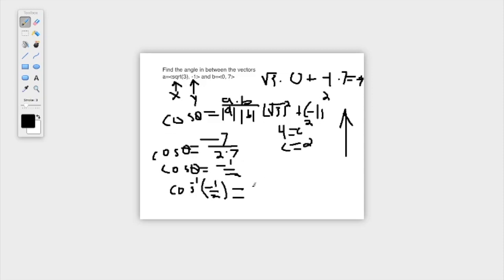You get 2.0944 radians, or approximately 2 pi over 3.